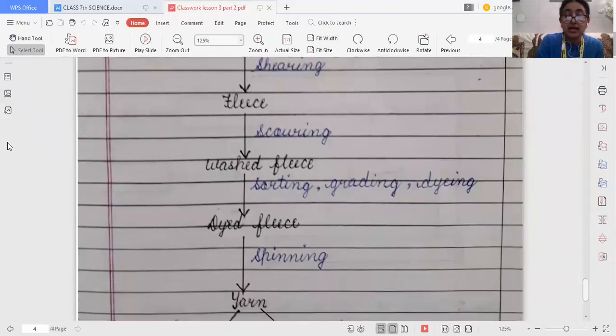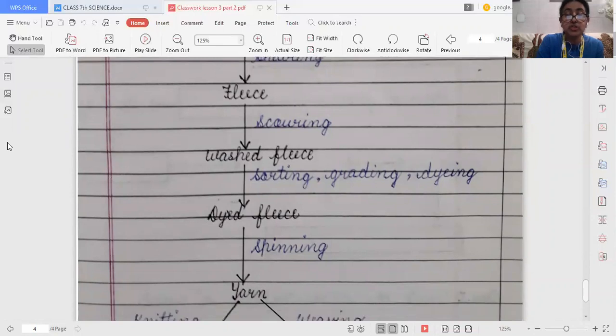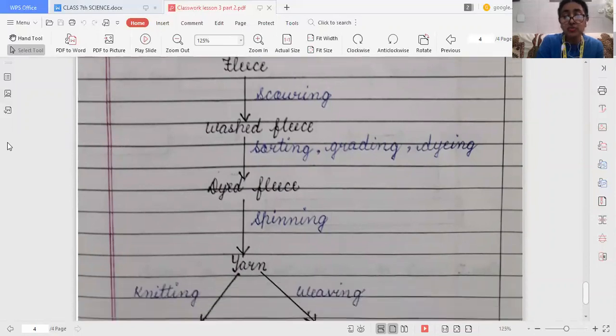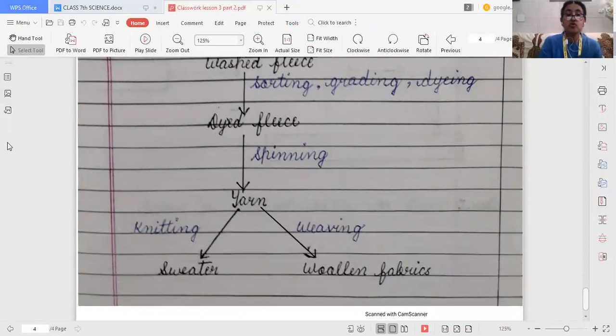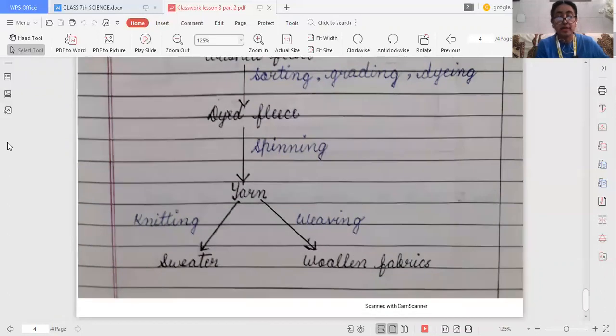Then the fleece is used for spinning. After spinning, the yarn goes for knitting as well as weaving. For knitting, the large fibers are spun and knitted, and for weaving the clothes, the shorter fibers are used. So this is all about this chapter.